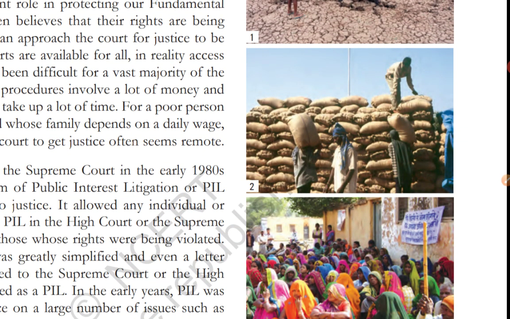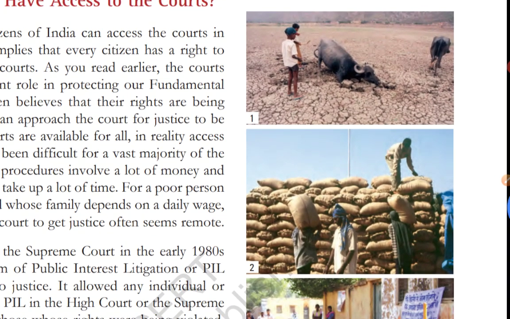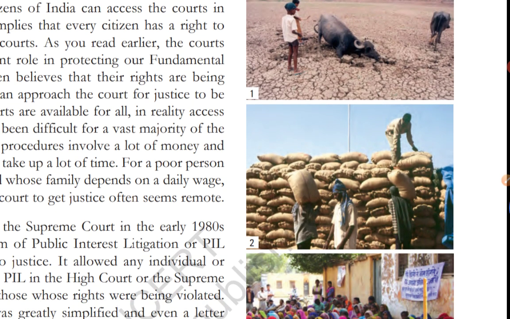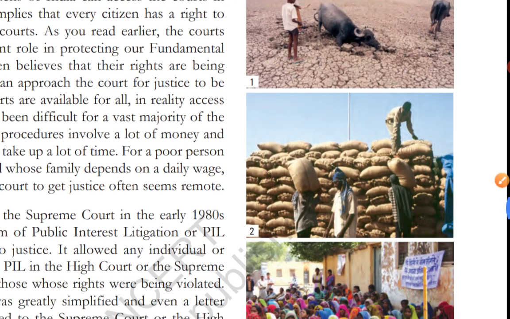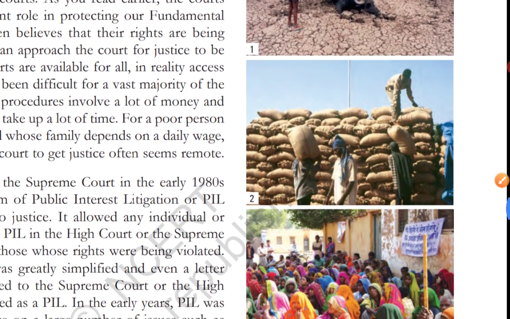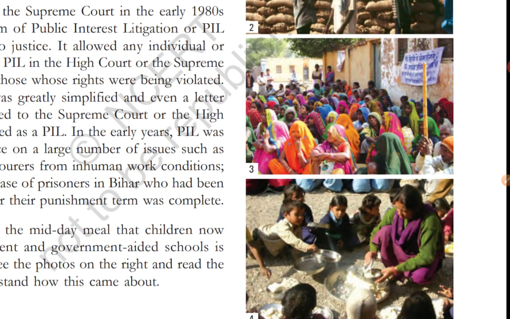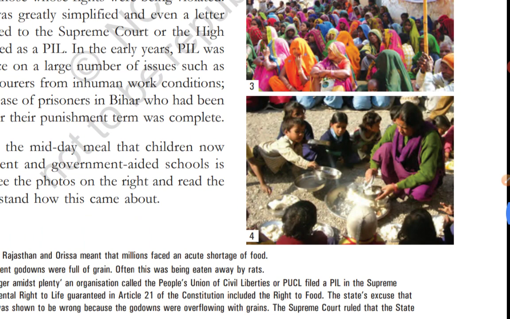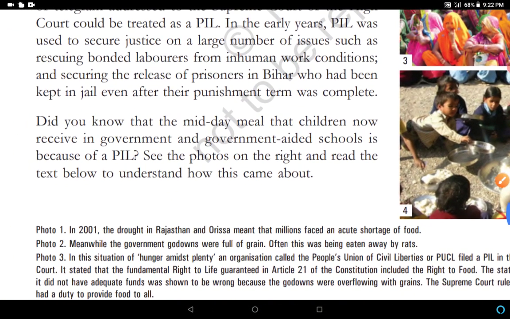The people are having grain sacks and a big storage of grain. Here in this picture you can see the drought, the land or soil is completely dried, and here the women are gathered, and in this way you can see the distribution of grain.